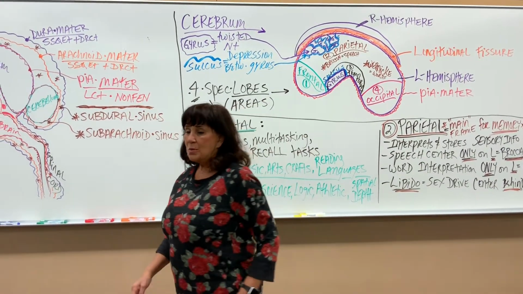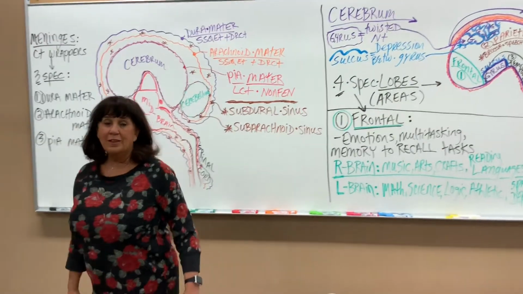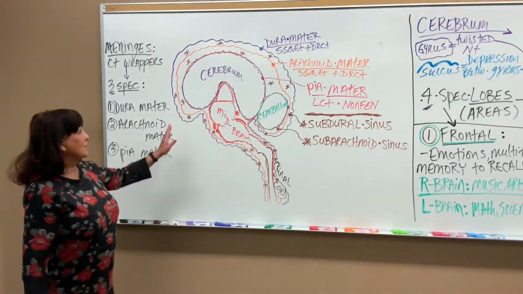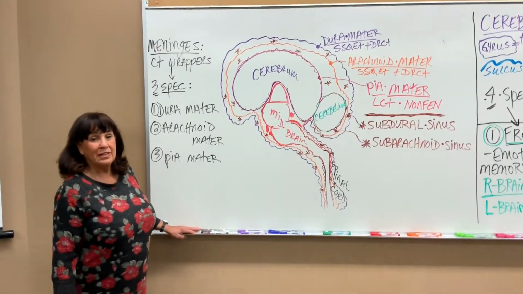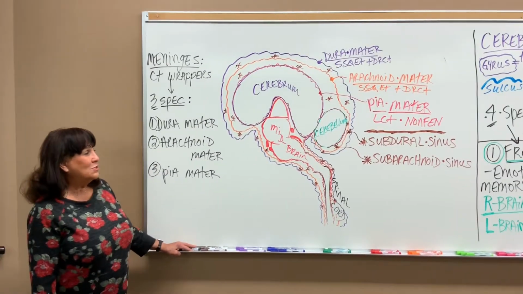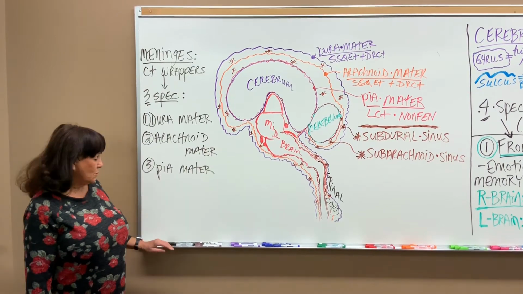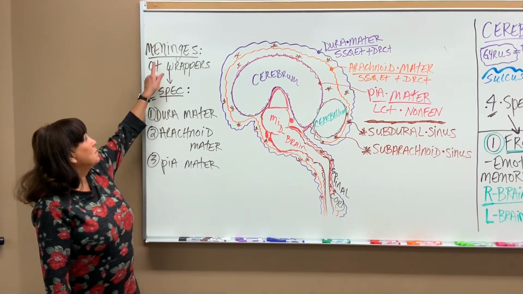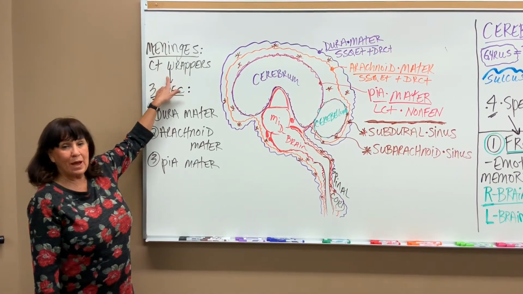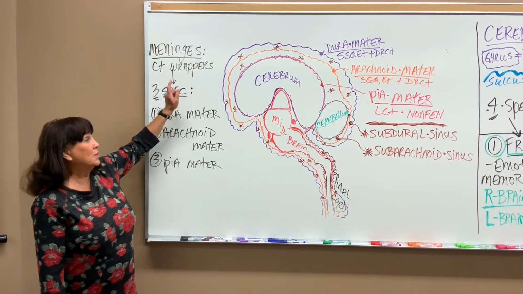And so now let's go back and review basically the meninges, the CT coverings on the entire brain, because I think I drew it a little bit small before, and this is a perfect place to review it. All right, so meninges means CT wrappers that are going to cover the brain.